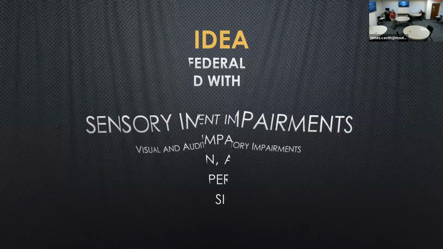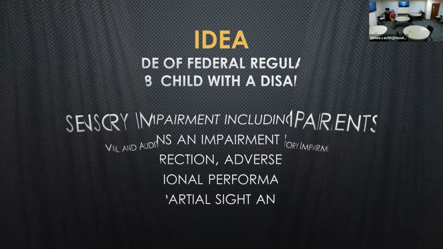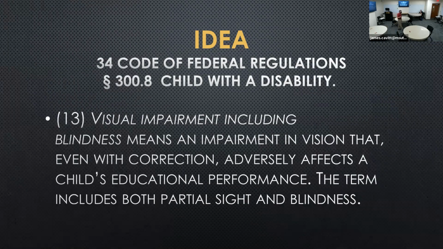All right, so we're going to look at the auditory or the visual impairment definition first and walk through all those pieces. Visual impairment includes blindness and means an impairment of vision that, even with correction, adversely affects a child's educational performance. The term includes both partial sight and blindness.